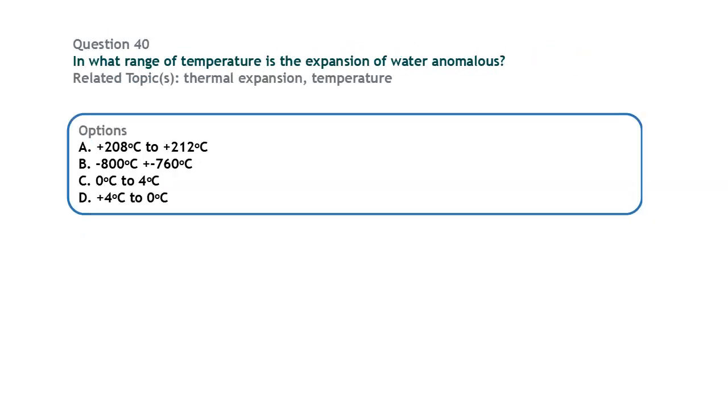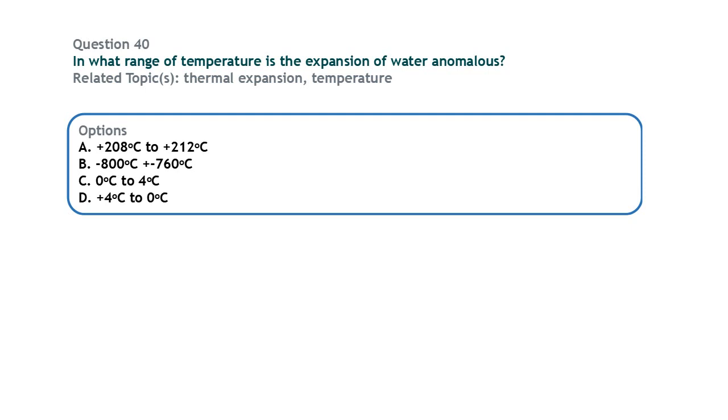Next, on thermal expansion, in what range of temperature is the expansion of water anomalous? Anomalous meaning abnormal. So water has an anomalous behavior, water and some other liquids. Generally when a liquid or a solid is heated, its volume will expand, it increases.